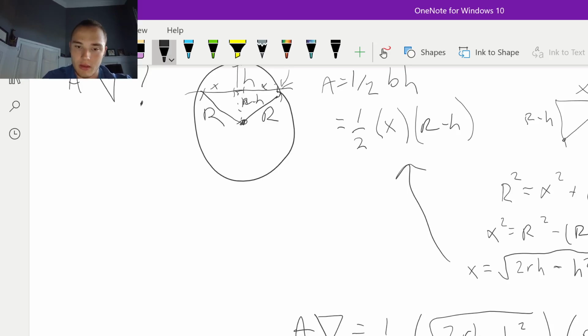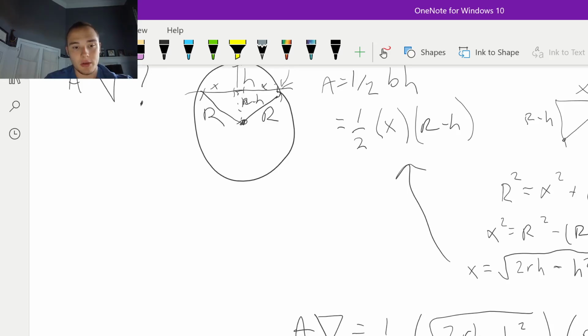And when you do that, the 1/2 and the 2 will cancel to just make 1. So we'll just have minus the square root of 2rh minus h squared times r minus h. And this will be our area of this guy right here, above the water level.